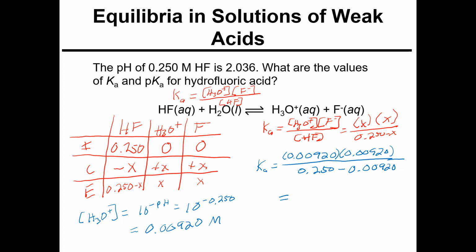And if we multiply this out, that comes out to 3.52 times 10 to the negative 4. So this is our value for Ka.